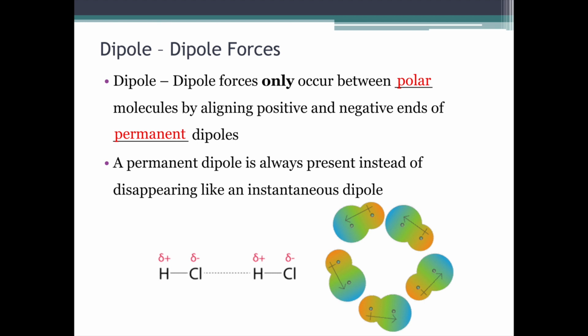So a permanent dipole is always present instead of disappearing like an instantaneous dipole. This means that dipole-dipole forces are going to be slightly stronger than London dispersion forces because they're not fleeting. They stick around, which lets these molecules form their own kind of structure with each other because they have a defined permanent dipole.